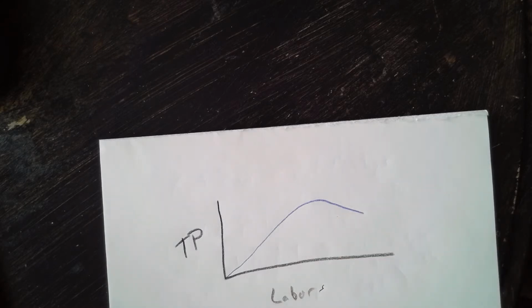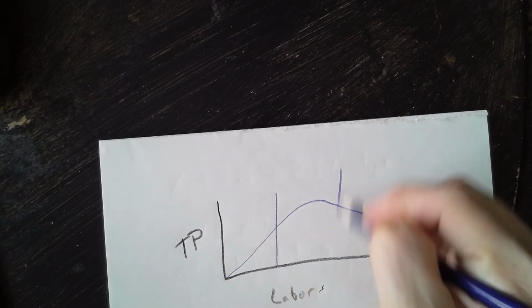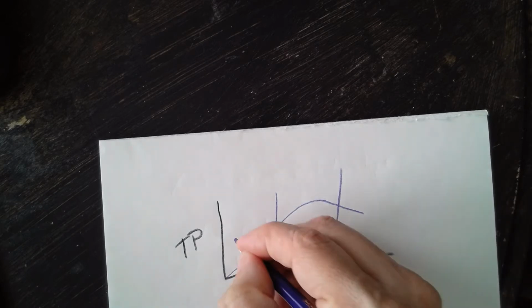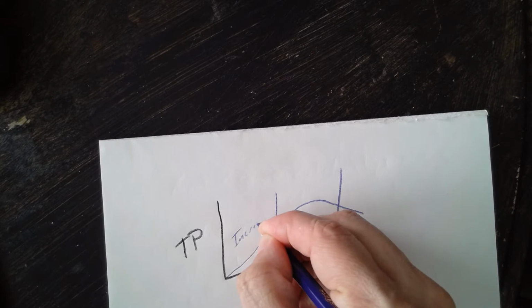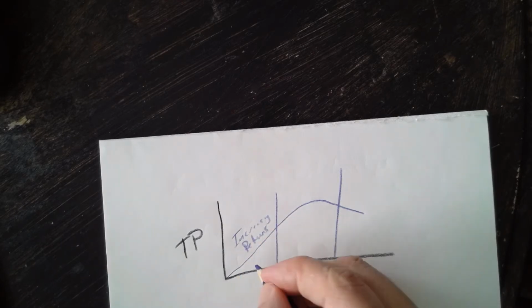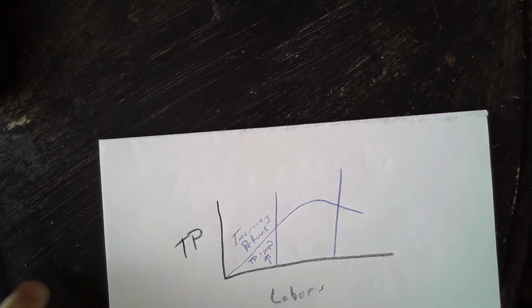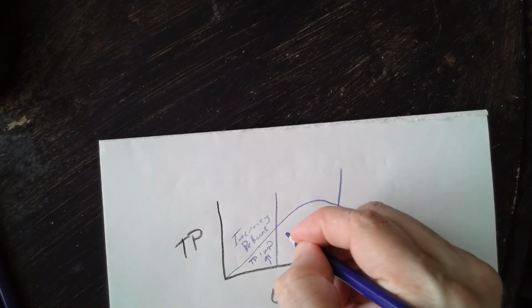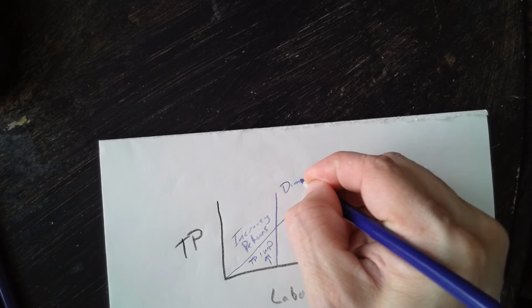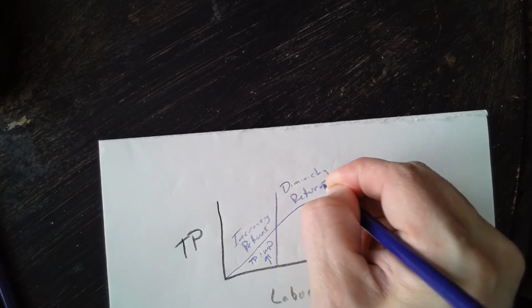So when we really look at this, we break it into three categories here. This is increasing returns. Your total product and your marginal product are going up. In this area, you have diminishing returns.